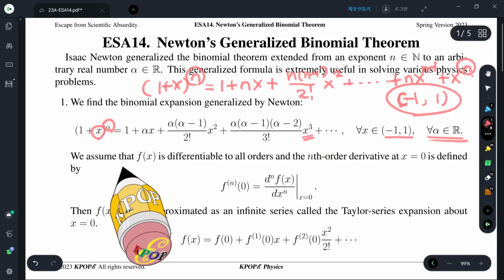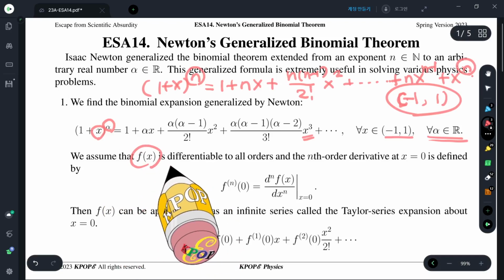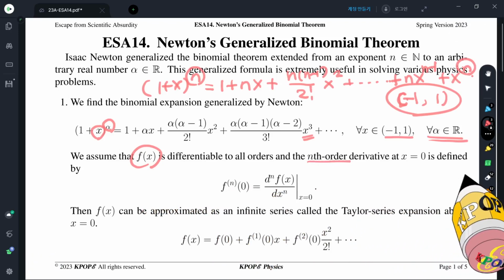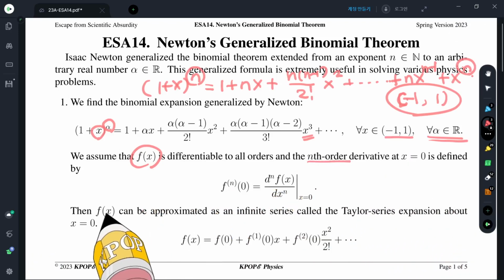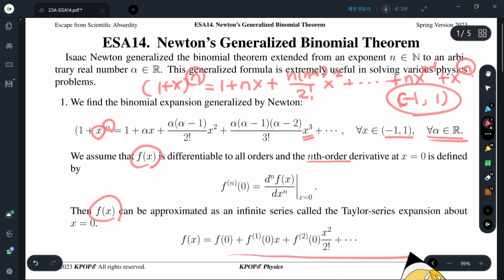Okay, first, we assume that if a function is differentiable to nth order, and n can be extended to infinity, the function can be expressed as a linear combination of polynomials.